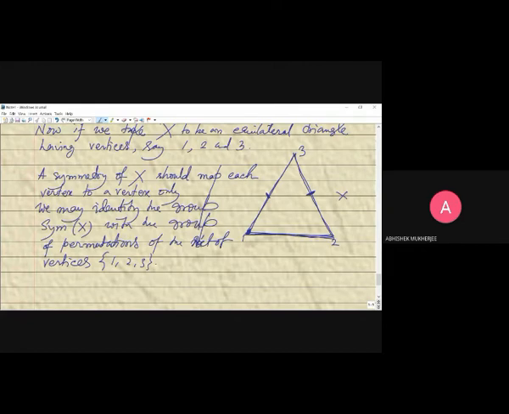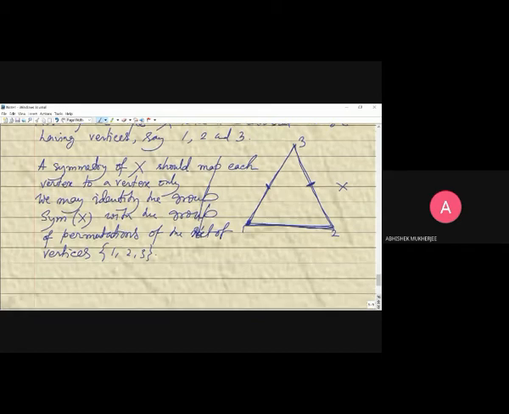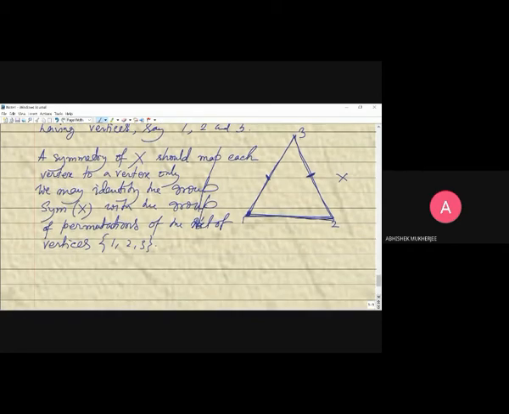So actually the group of symmetries of this triangle results to the symmetric group of permutations with respect to this set of vertices 1, 2 and 3.